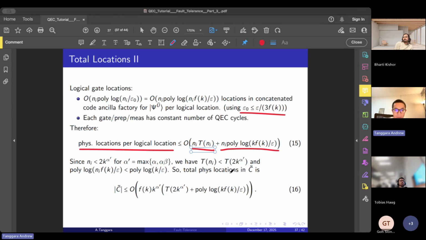If you remember, I should have written that down here, the original circuit C has f of k locations.